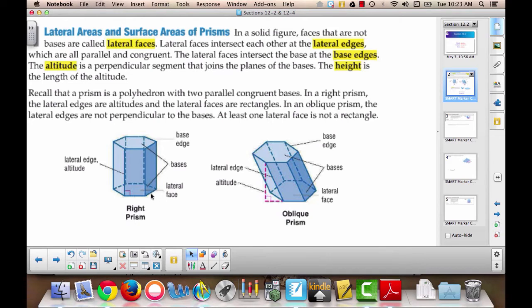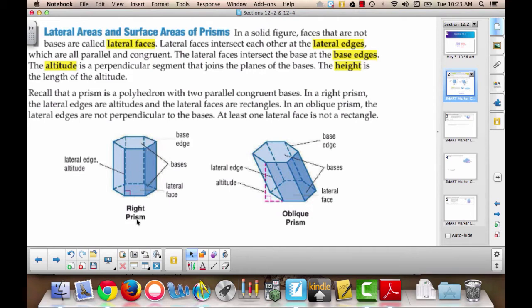They're the only two that are congruent to each other. Notice the rest of the faces are rectangles, and we call those the lateral faces. Where the lateral faces meet, we call the lateral edge. Where the lateral faces meet the bases, we call the base edges.